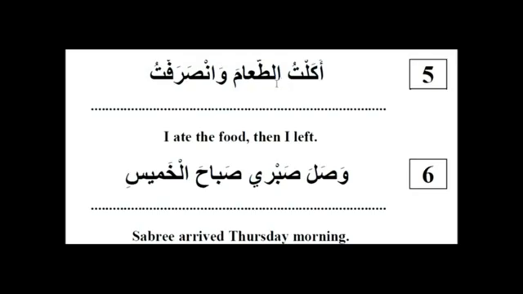So at-ta. Of course, the Ta's form has entrapment of the sound, so it's not as clear to hear the shidda. At-ta'am. Wansaraftu. Akaltu, I ate. At-ta'am, the food. Wansaraftu, and then I left.